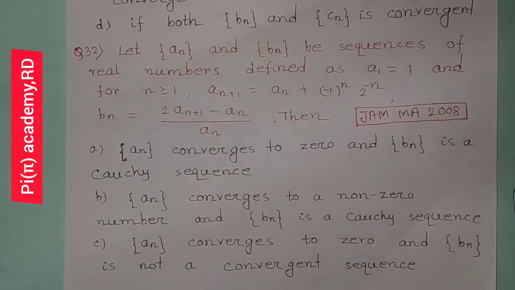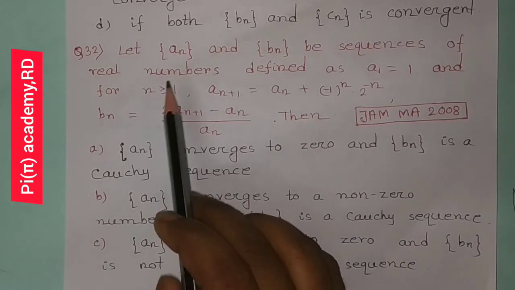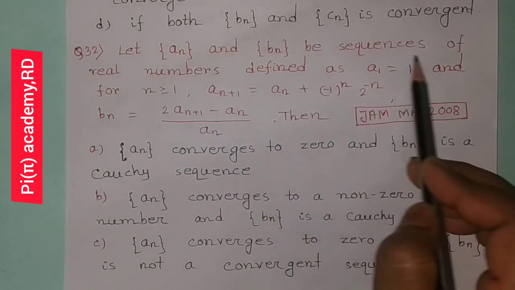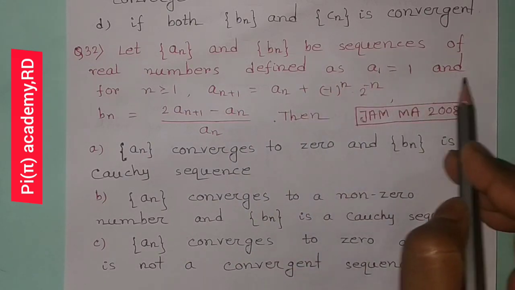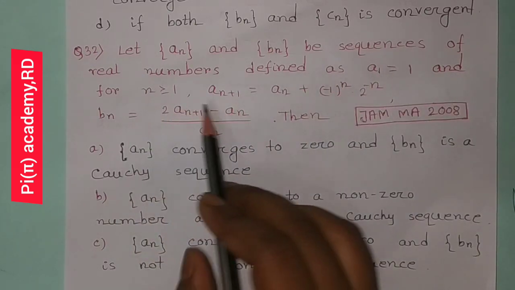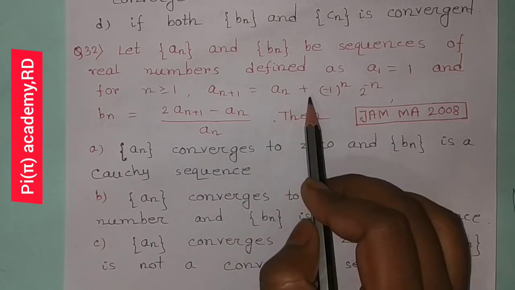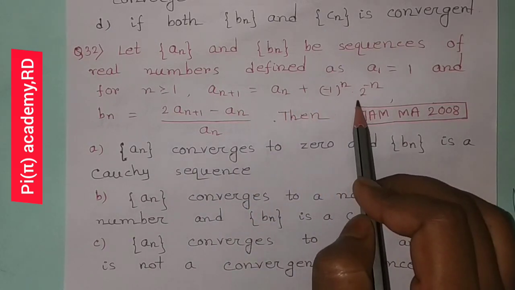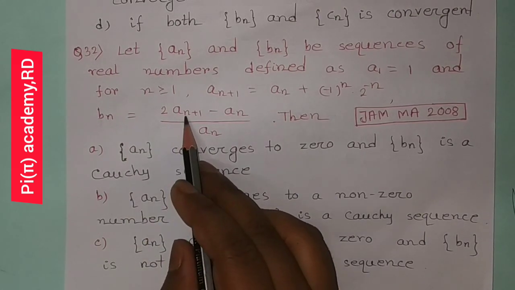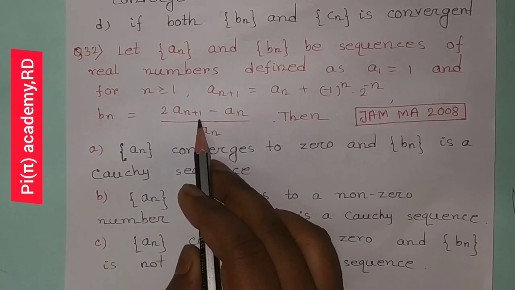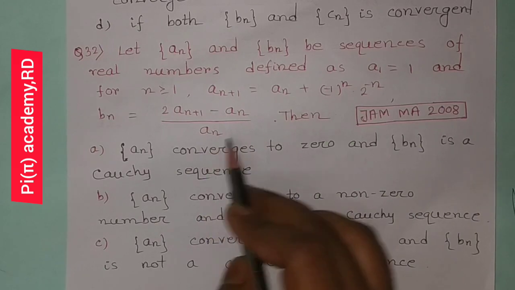Now question number 32. Let sequences a_n and b_n be sequences of real numbers defined as a_1 equal to 1 and for n greater than or equal to 1, a_{n+1} equal to a_n plus (-1)^n into 2^{-n}, and b_n equal to 2 into (a_{n+1} minus a_n) divided by a_n.